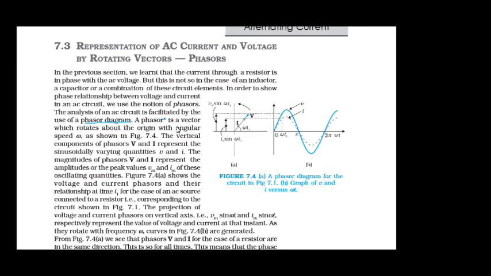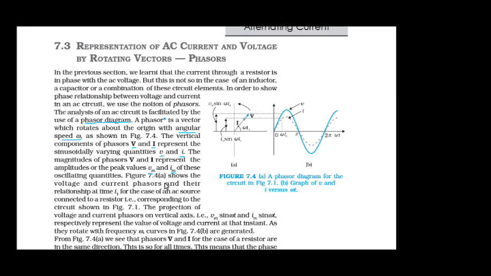A phasor is a vector which rotates about the origin with angular speed omega, as shown in figure 7.4. The vertical components of phasors V and I represent the sinusoidally varying quantities V and I. The magnitudes of phasors V and I represent the amplitude or peak values Vm and Im of these oscillating quantities.